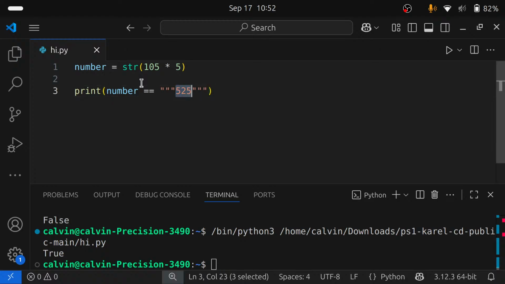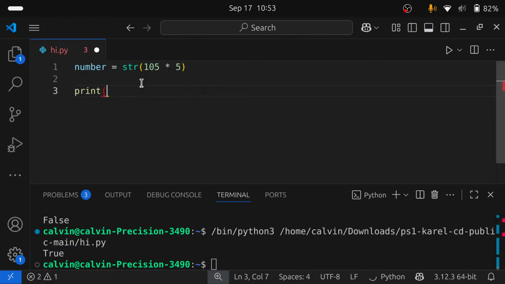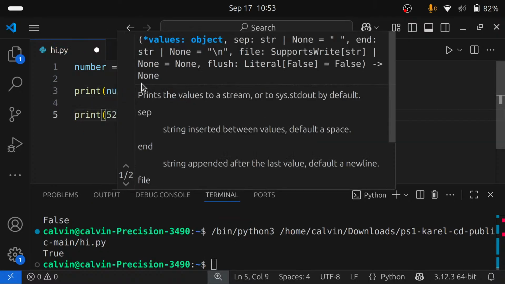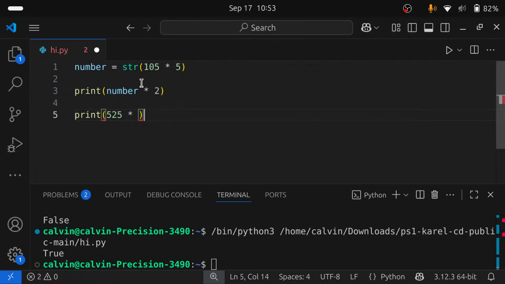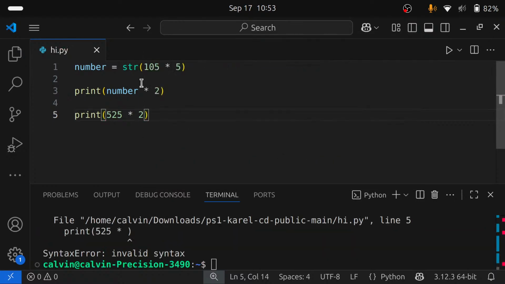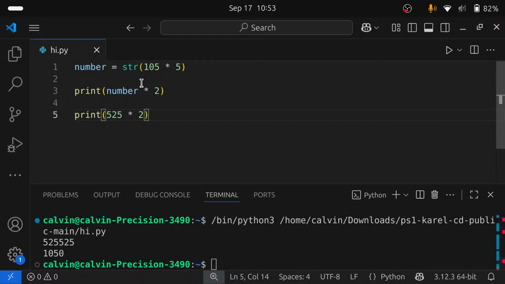So strings and ints are not the same thing, and they behave differently in a very important way, which is that if we print number times 2, we'll just multiply it by 2. That's a little bit easier. And if we print the string 525 times 2, okay, first try, right, we're going to get different things.